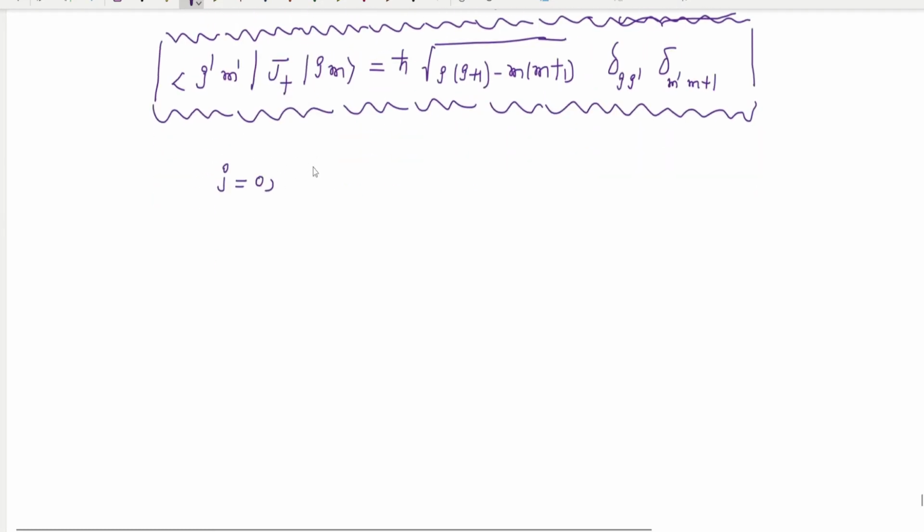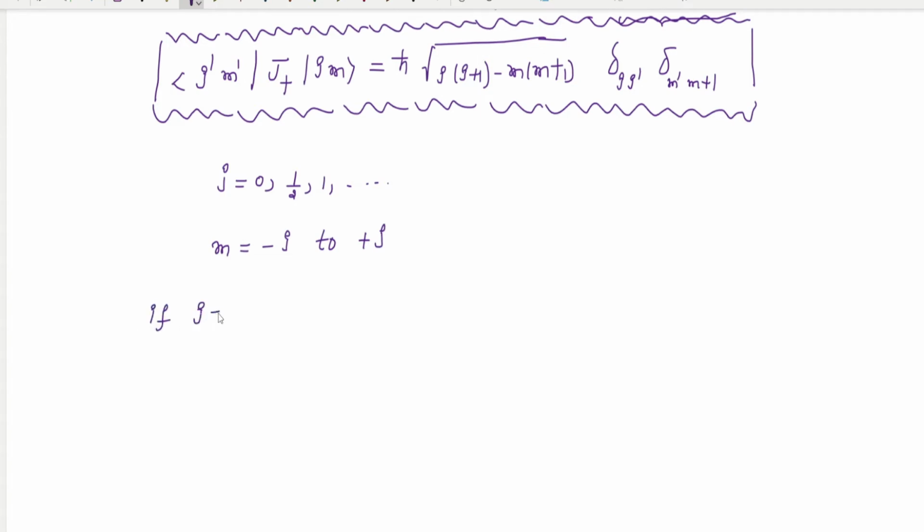J is equal to 0, 1 divided by 2, 1, and so on. If you know the J value, we can find the M value easily: M is equal to minus J to plus J. For example, if J is equal to 0, M is equal to 0.